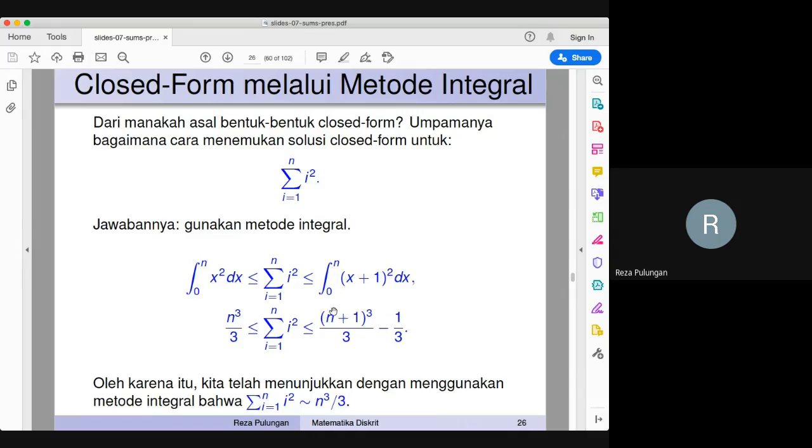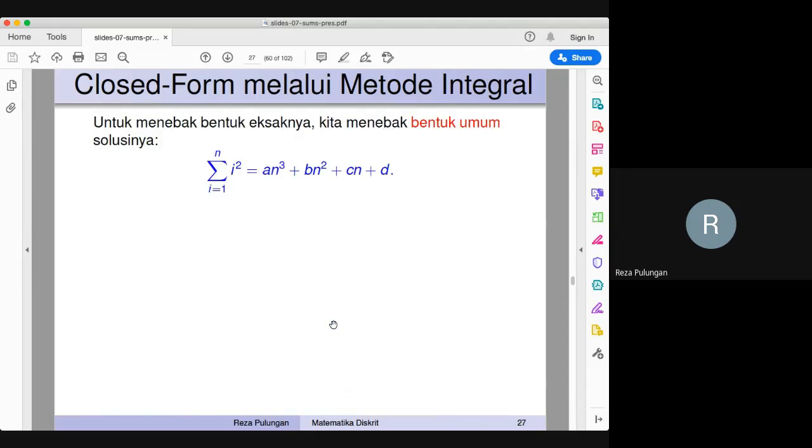If you compute this, you will find later on that this will be n to the power of 3 divided by 3 plus something else. So the main term, the largest term, is n to the power of 3 divided by 3. So you have an idea right now that I don't really know exactly what the result of this summation is, but it must be of the form n to the power of 3 divided by 3. Yeah? So you use this fact.